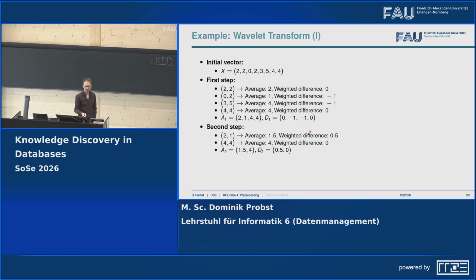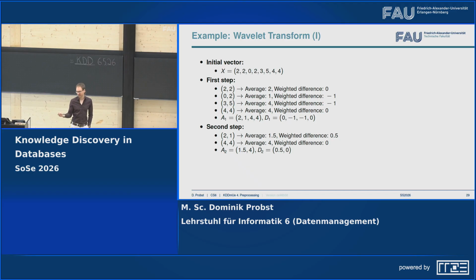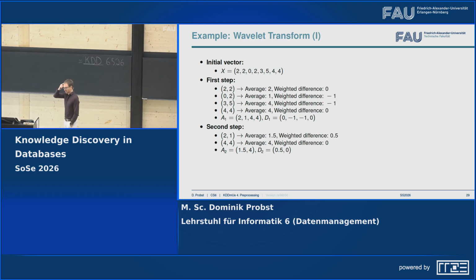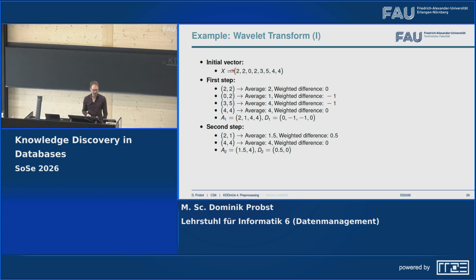Let's start with an already perfect vector. In this case, we have 8 values, so we do not have to apply any padding. Now we have to apply our two functions. One is the average. If we apply the average to the first pair of 2 values, we end up at an average of 2, because the average of 2 and 2 is, of course, 2.